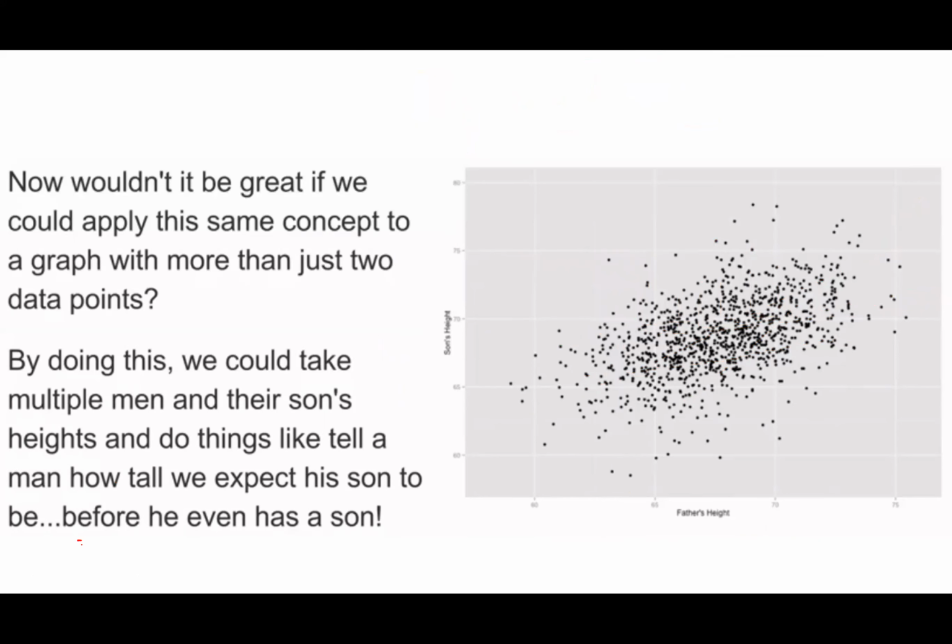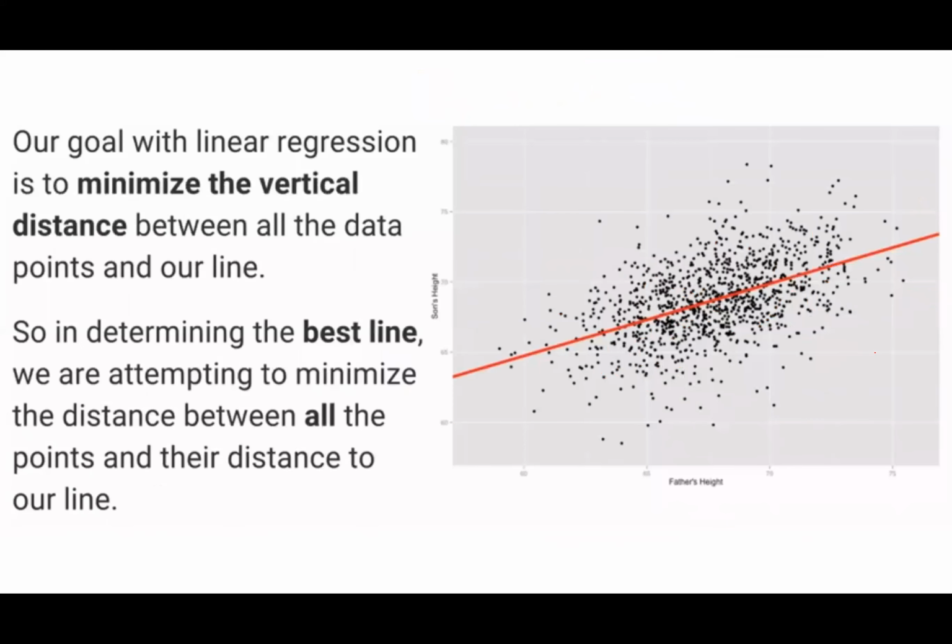Suppose if I take this line, then the distance of this line from all these data points should be minimum compared to any other line that I can choose. If I find such a line, I will say this is the line which best explains the distribution of this data. So our goal with linear regression is to minimize the vertical distance between all the data points.